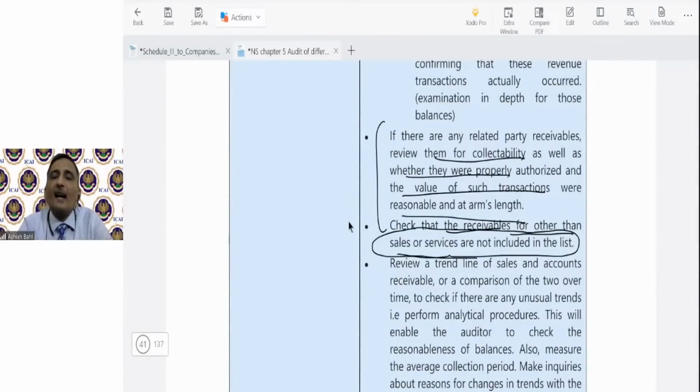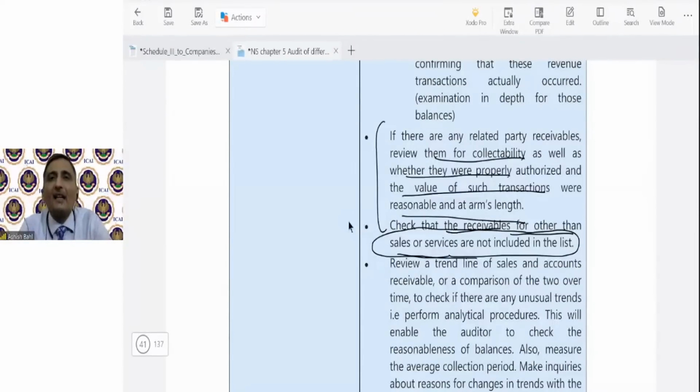So like आपने किसी को एडवांस दे रखा है किसी अपने सप्लायर को, दैट द कंपनी हैज गिवन एडवांस टू ए सप्लायर फॉर ₹5 lakh. नाउ ऑब्वियसली इट वुड गो इन एडवांसेस, but this balance may be erroneously shown under the schedule of trade receivables.